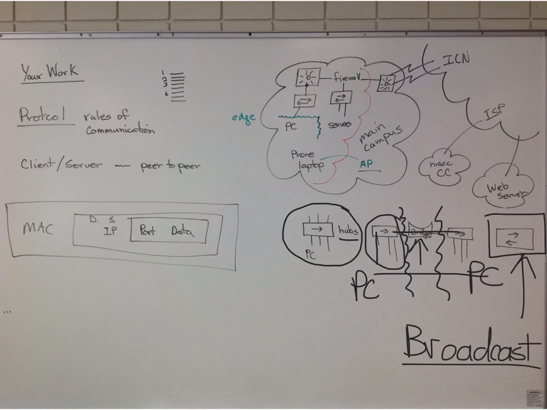Now let's take a look at this up here. I drew a line here trying to indicate where the edge of the network is. And then we have devices. We have a PC maybe, or a laptop, or a phone.